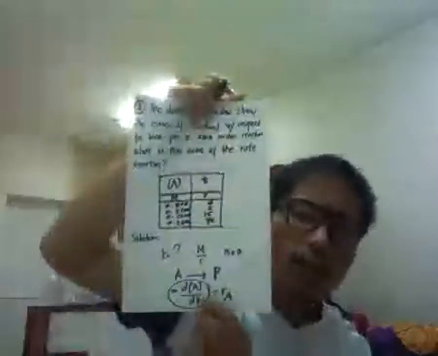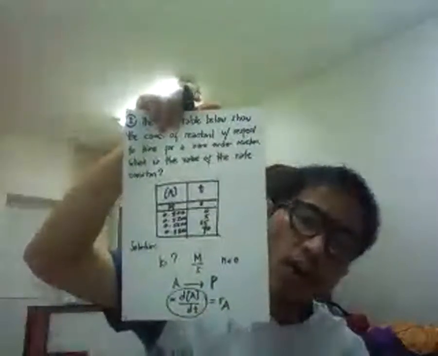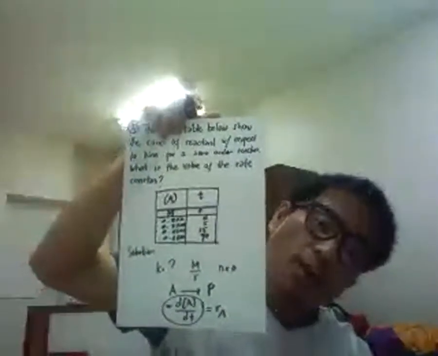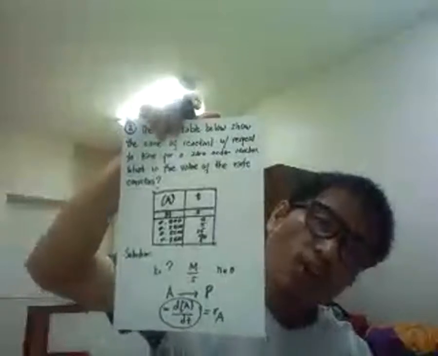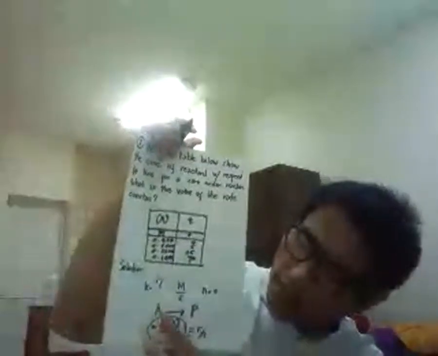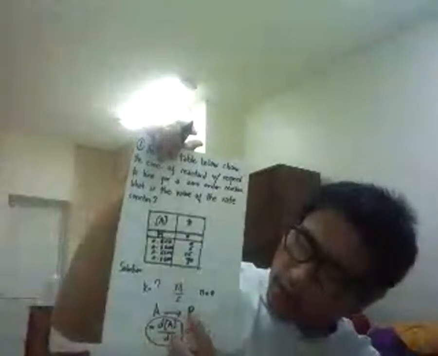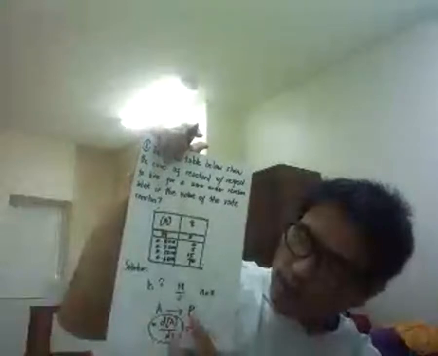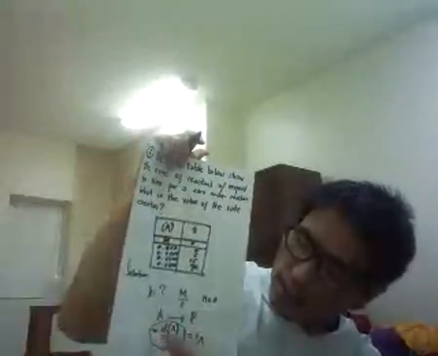When it goes through a chemical reaction, the rate of reaction slows down. The concentration of A will decrease going to B, and the negative sign shows the decrease, which is directly proportional to the rate of the chemical reaction.